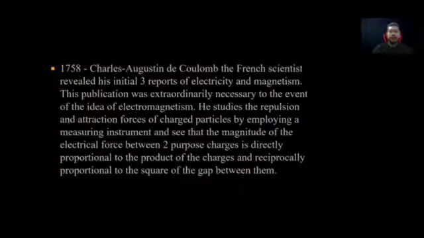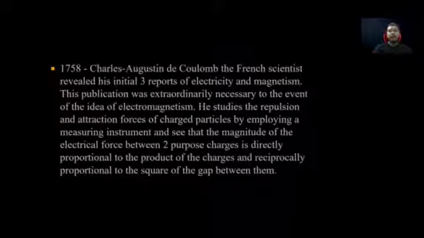Hi, I'm Muhammad Afiq bin Abdul Aziz. I'm going to continue the presentation about the background of the theory. In 1785, Charles Augustin de Coulomb, the French scientist, revealed his three initial reports of electricity and magnetism. This publication was extraordinarily important to the development of the theory of electromagnetism.